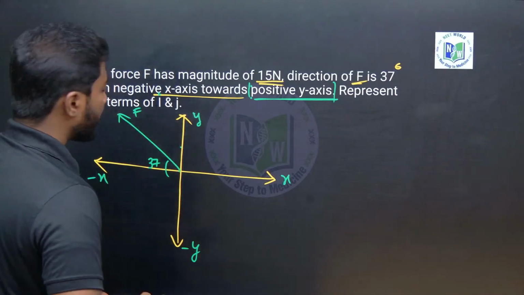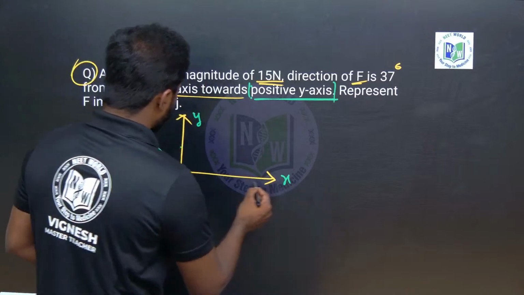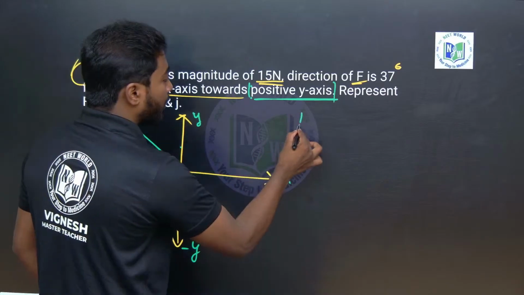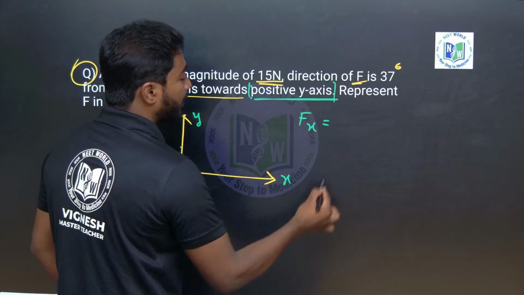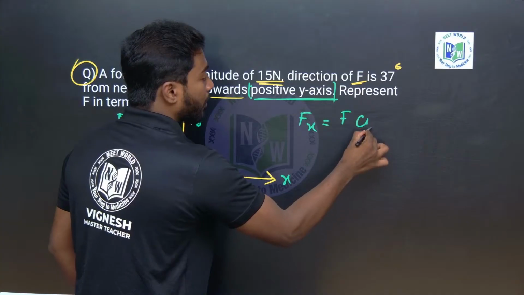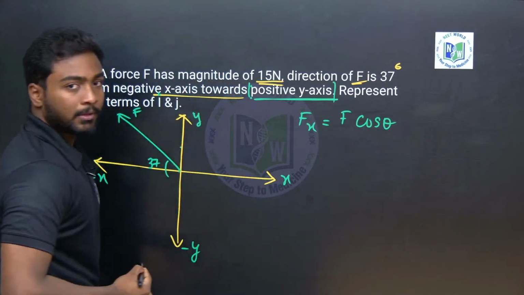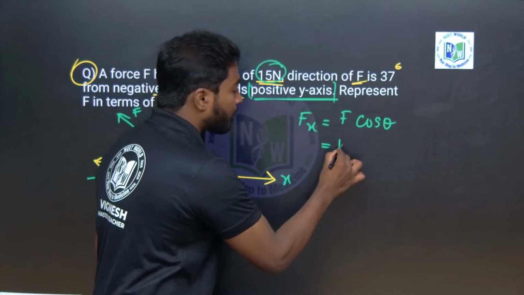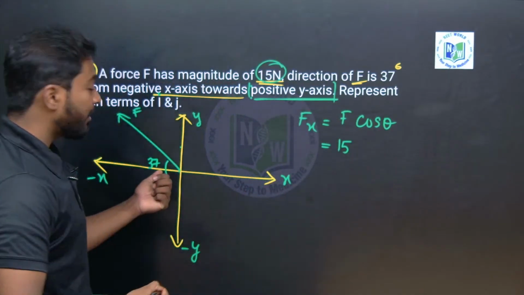Yes. See, listen, if I take the components for this one, Fx will be F cos theta, where F is nothing but 15 Newton, so 15 into cos 37 degree.